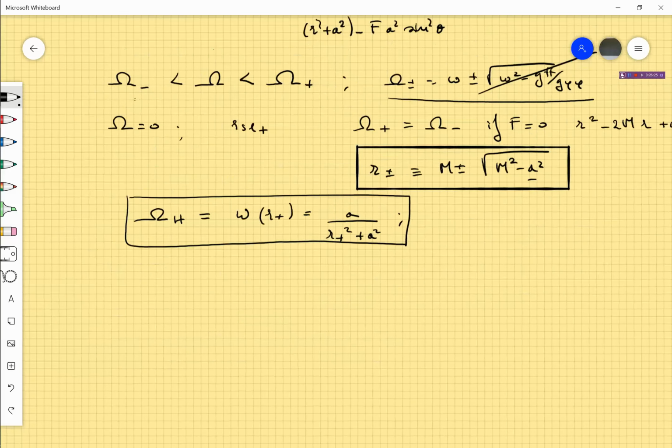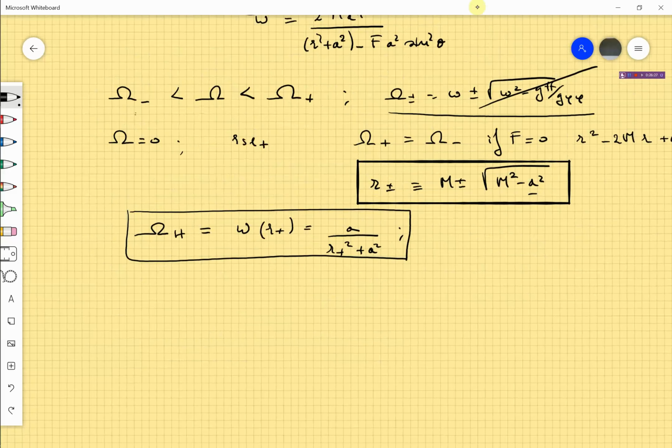Then, well, the next thing is that by construction, remember that we were exploring the norm of this vector. Okay, when you arrive at the horizon, and you evaluate this at r equal to r plus, this vector must be null there because the norm vanishes. The norm vanishes at r plus and r minus.